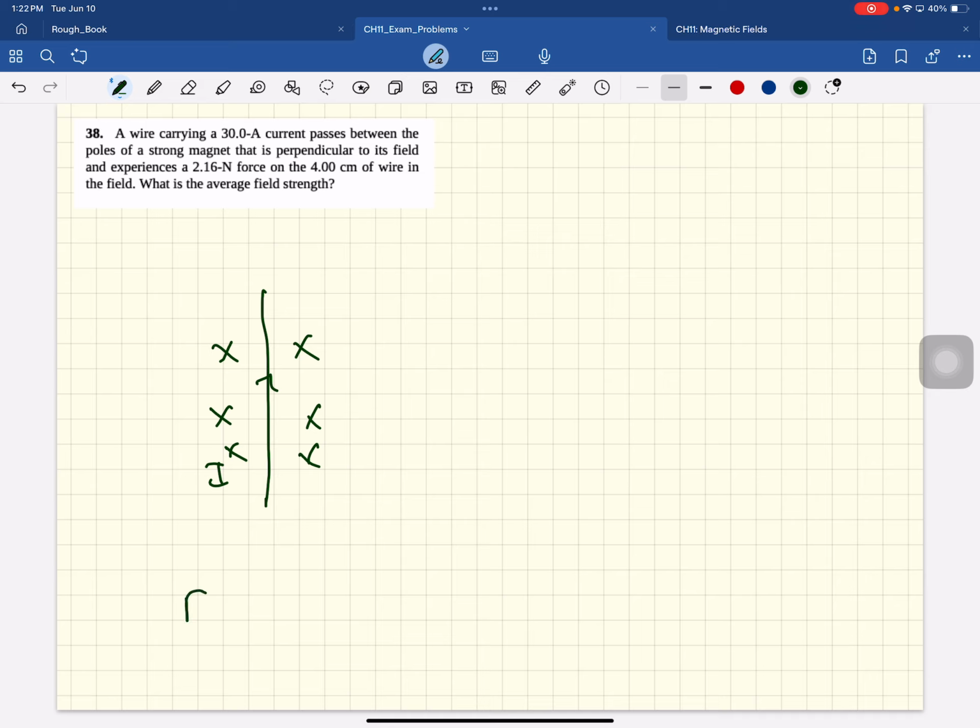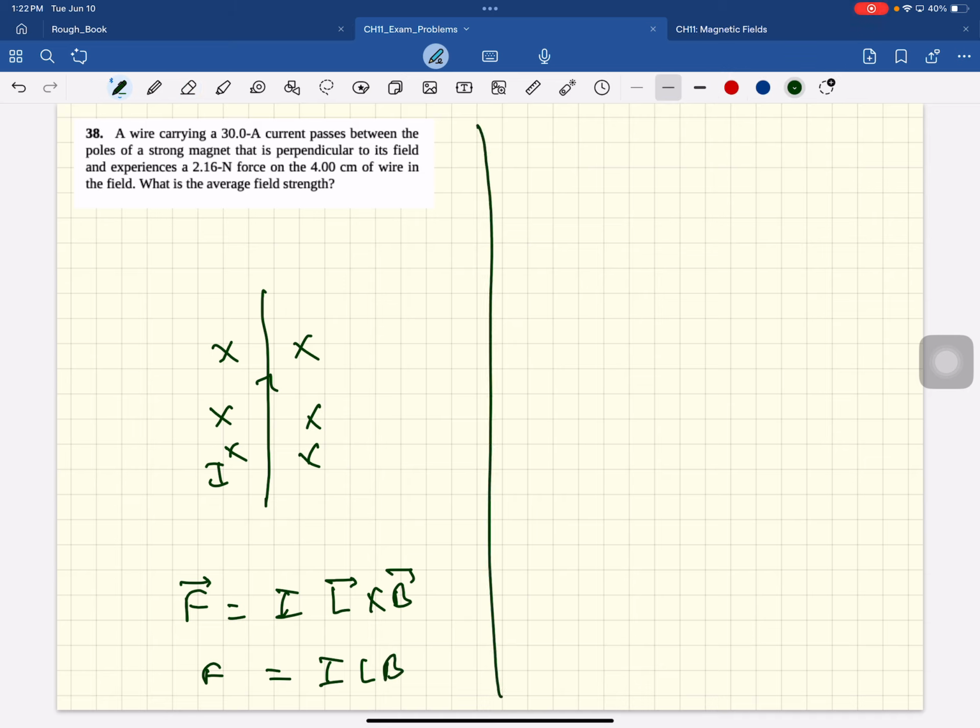Okay, so the force is I L cross B. Since it's perpendicular, the magnitude of the force is that. So the magnetic field strength is force divided by I times L, and L is the length of the wire that's in the field.